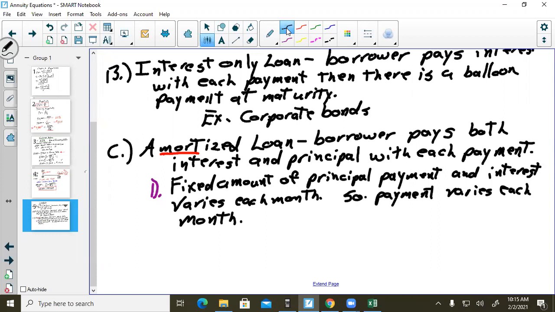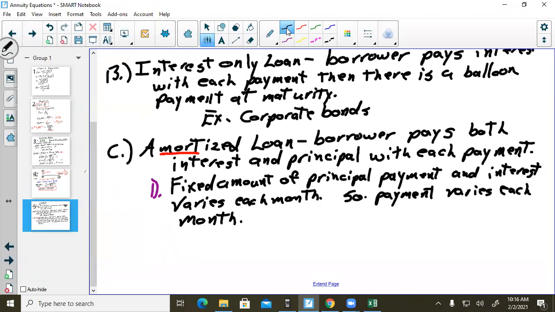Why do you think that would be? What's the downside to this type of payment? The borrower isn't getting a lot of money. No, not quite. You never know exactly how much your payment is going to be because the interest varies each month. Exactly. Notice we're paying a set fixed amount, right?